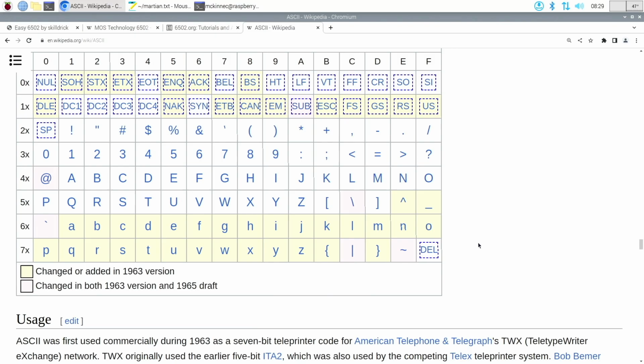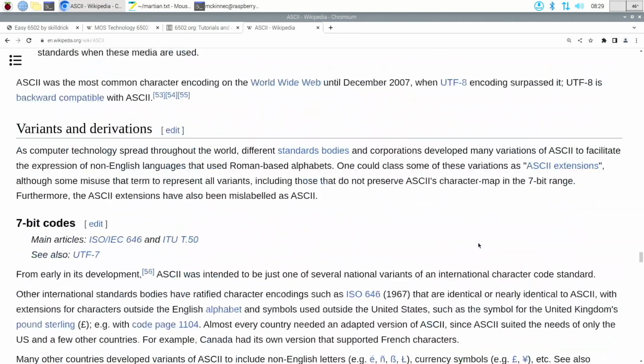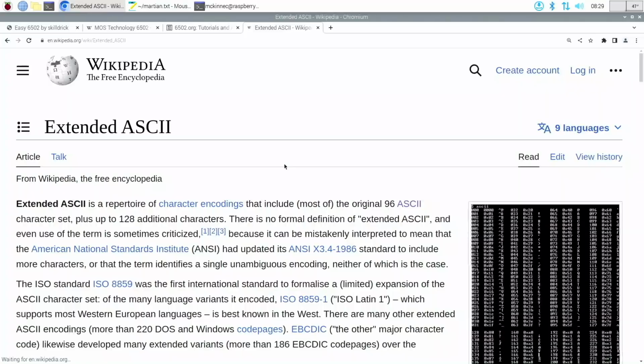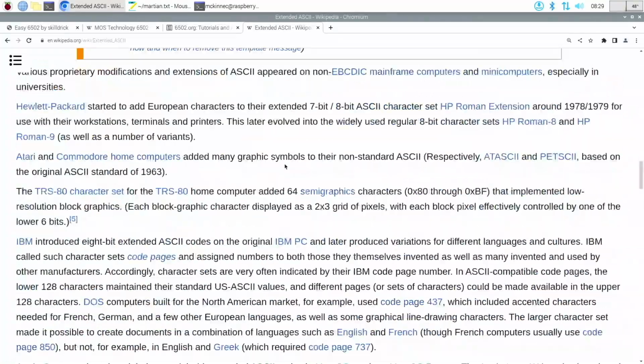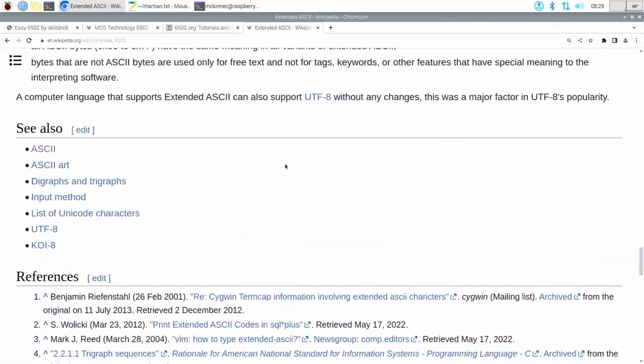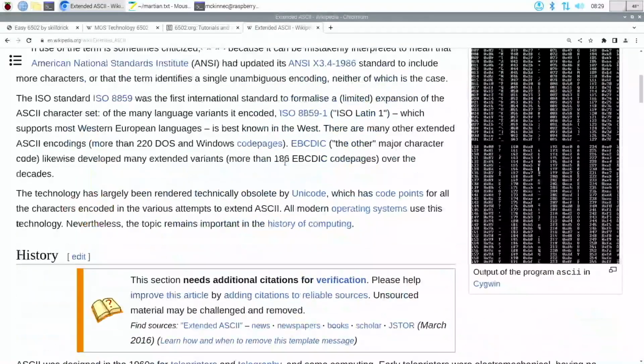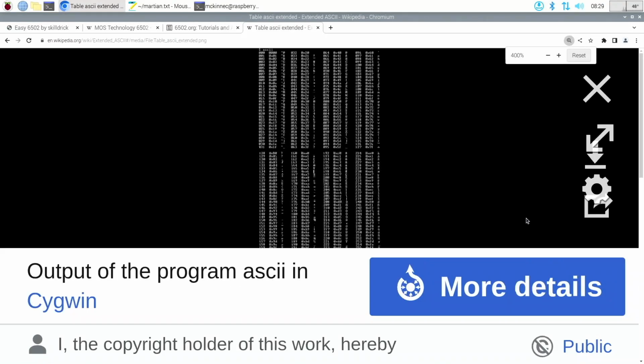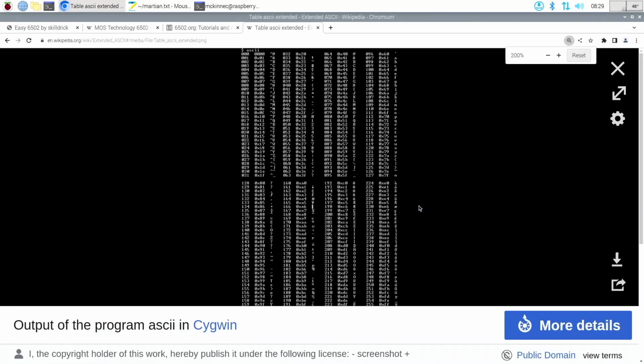Okay, so that brings us to extended ASCII, which they should have a list down here below. Oh, here we go. So let's look at extended ASCII. And there's no table. All right, so, oh, here it is. Okay, this is maybe not the most readable thing ever, but, all right, that's not very good.